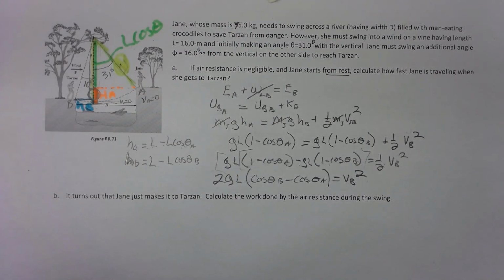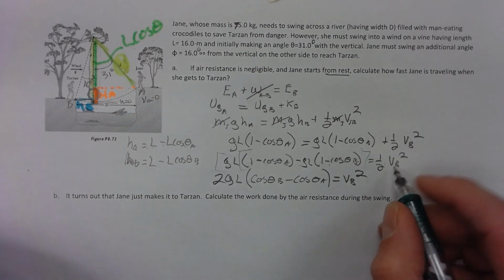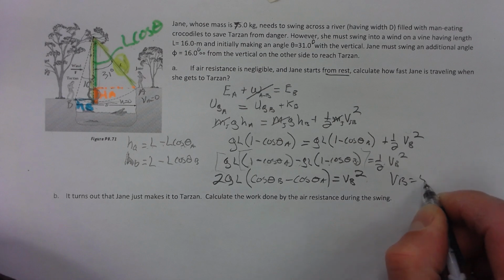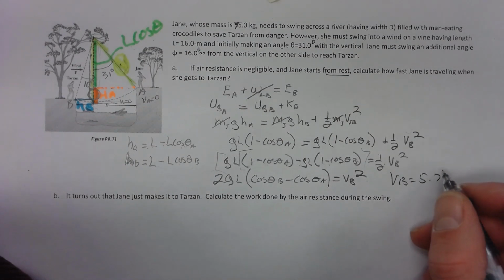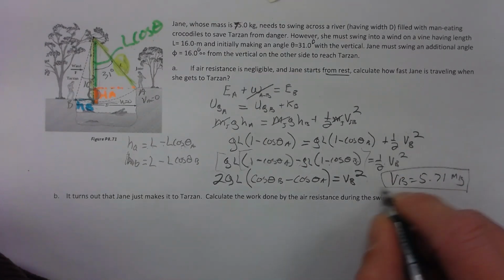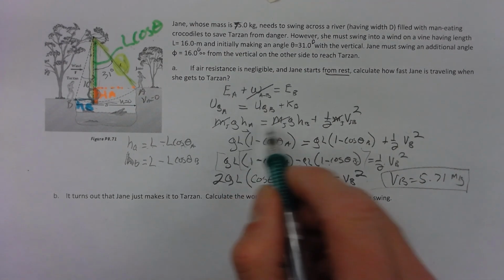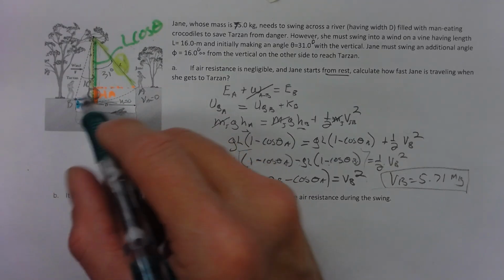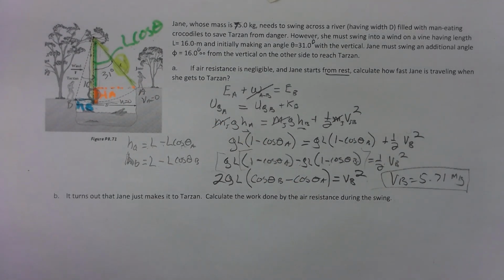It's 32, and the square root of that, 5.7. So I get that the velocity at B is 5.71 meters per second. So finding that change in height, or the heights at A and B, is what's important to solving for that velocity.